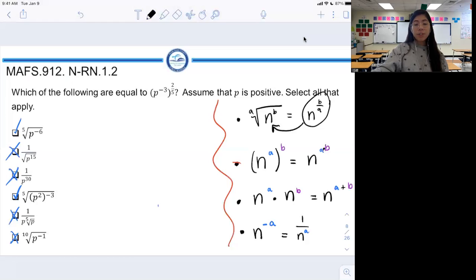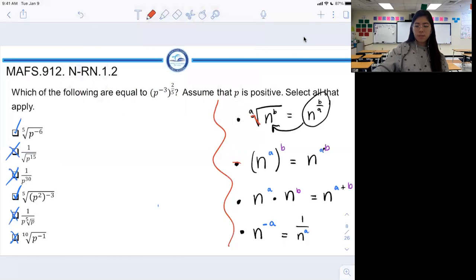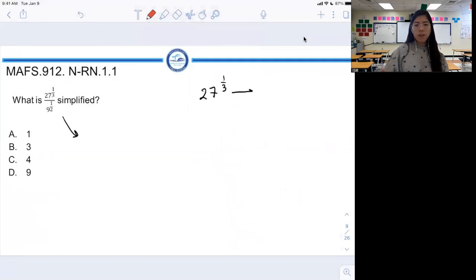If I have a fraction in the exponent, I can rewrite that as a radical. So how do I rewrite that? 3 on the radical and then 27 inside. The cube root of 27.